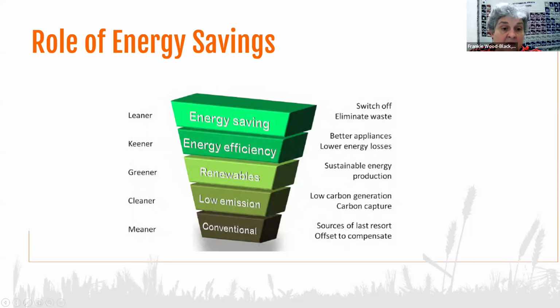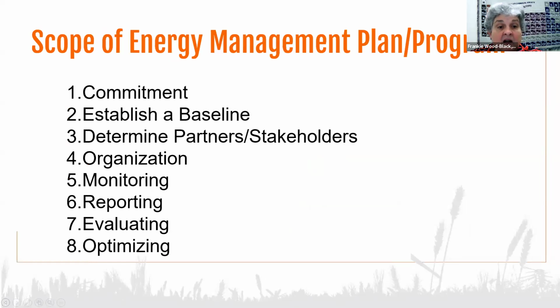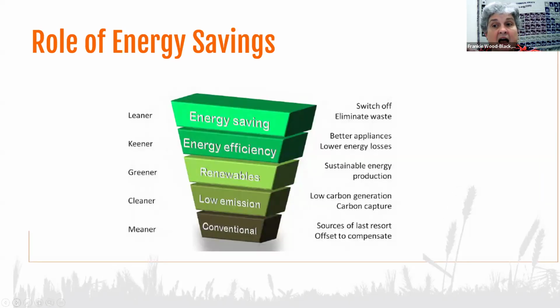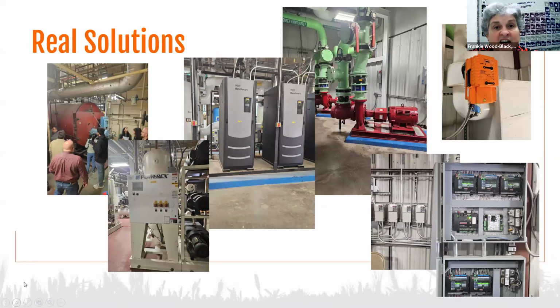So these elements of this plan are really helping us drive to deal with our efficiencies. So really what we're after are those real solutions. And those real solutions could be changing out boilers for water heaters to some of the on-demand water heaters.